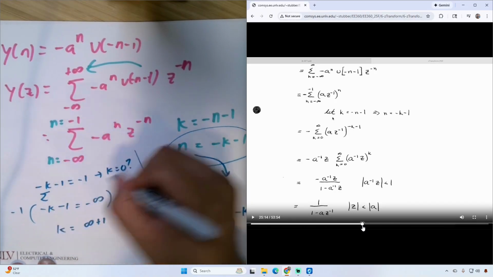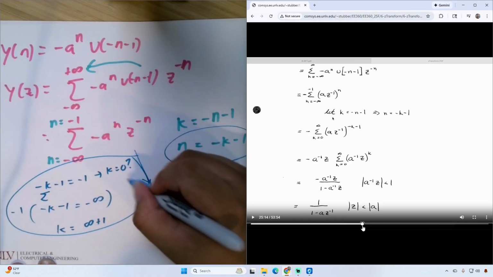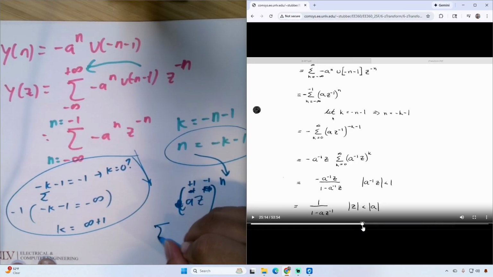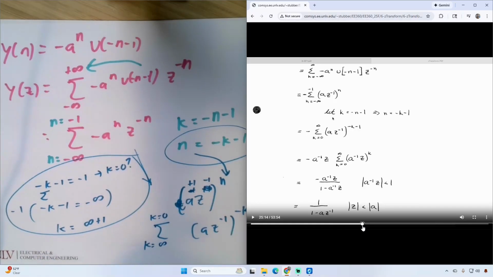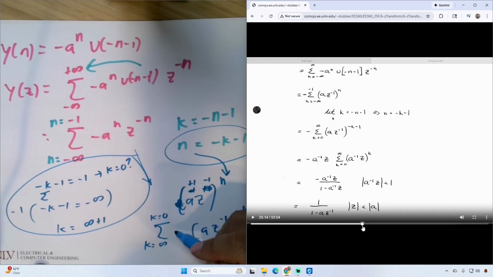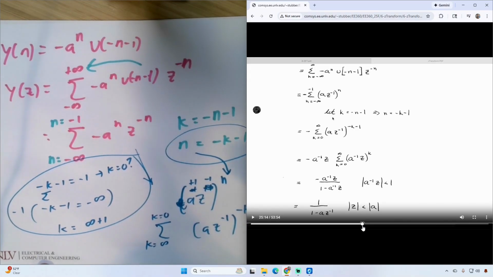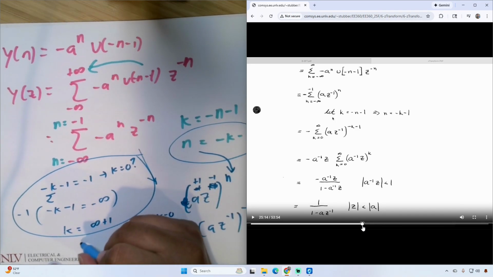Okay, engineers, I figured it out. So, hear me out. K is equal to 0, k is equal to infinity, okay? So you know this is a summation, right? We're used to, when we see something like this, or I don't know, n, and then i is equal to 0, right?